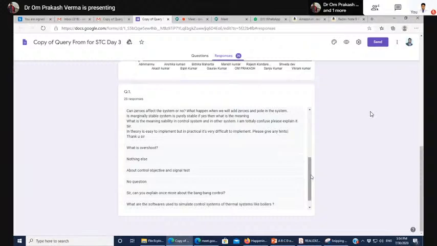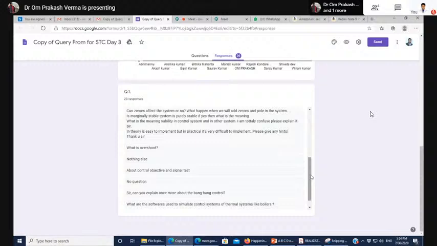Then nothing else about control objective and signal test. Control objective is only for maintaining whatever the physical parameters of the process. Suppose you are going to control the temperature or flow or level, then your objective is to make the system such that the desired value or the set point can be tracked or maintained.